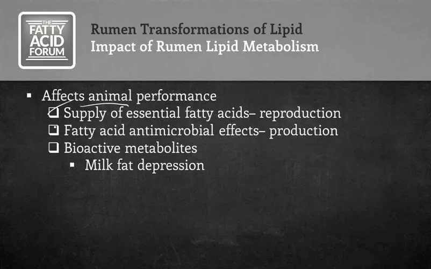This may limit the supply of prostaglandins and have negative effects on some systems like reproductive performance or the immune system. We've already talked about the benefits of biohydrogenation in reducing double bonds, having a positive impact on microbial growth and metabolism and enhanced production in that way. And also the CLAs have effects in the animal. A good example is the trans-10 cis-12 isomer and a few others that are known to inhibit lipogenesis and cause milk fat depression.